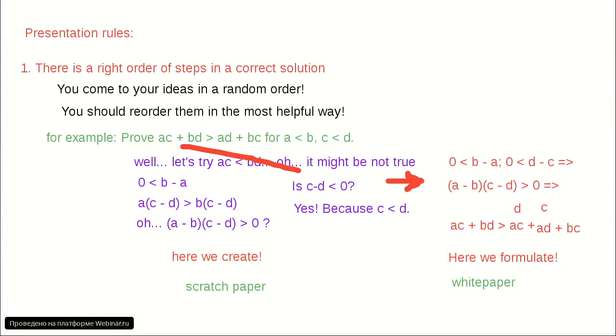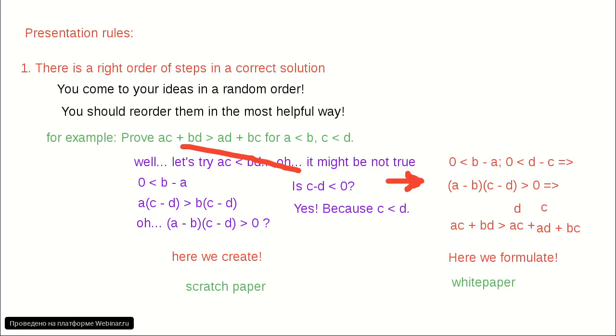Okay. After that, we went to some presentation rules, and the two main rules are the right order of steps in the correct solution.